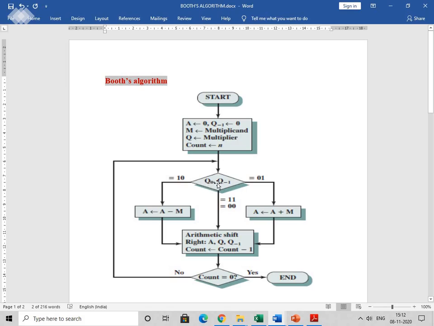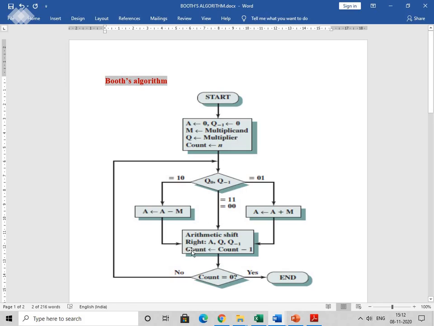If both the bits are the same, that means either they are 1 1 or 0 0 respectively, then we are going to perform arithmetic shift right operation on the content of A, Q and Q minus 1. So that means we are going to shift right the content of A, Q and Q minus 1.